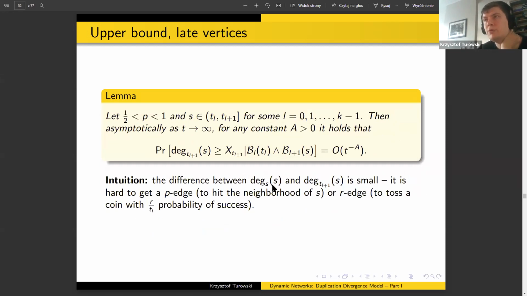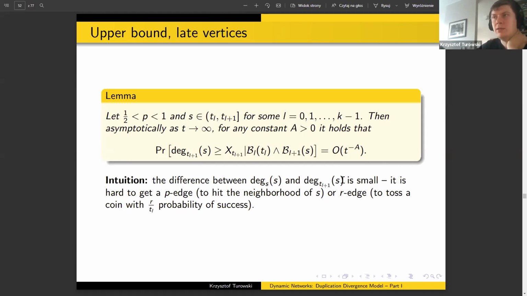And then we prove it one by one, vertices within one interval, and then interval by interval, we prove that the starting vertex is small, and then the value of the degree of this vertex at the end of its interval is also small.